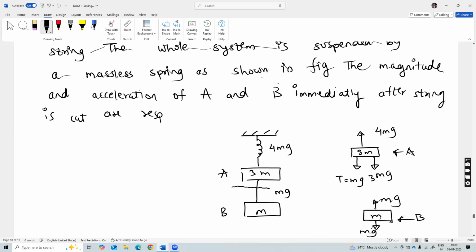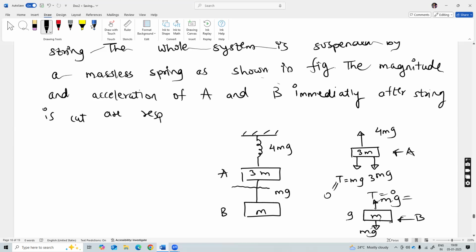As soon as you cut this string, this tension T will become equal to 0. Here also T will become equal to 0. So as soon as T is 0, body B will come under acceleration due to gravity and will start moving downward. Therefore its acceleration will be equal to g.